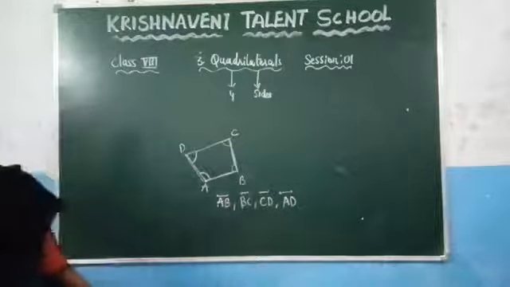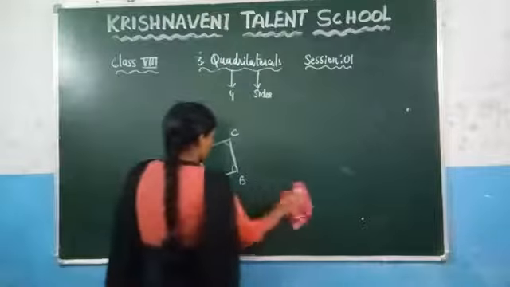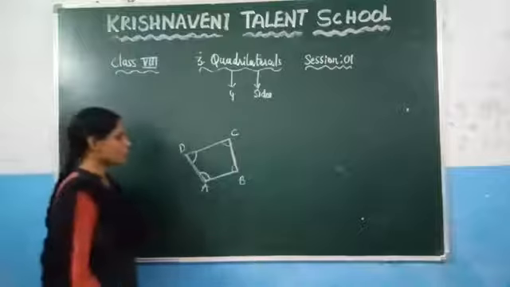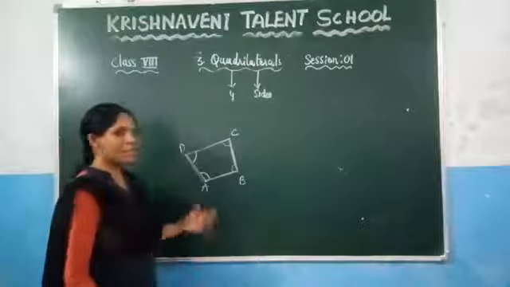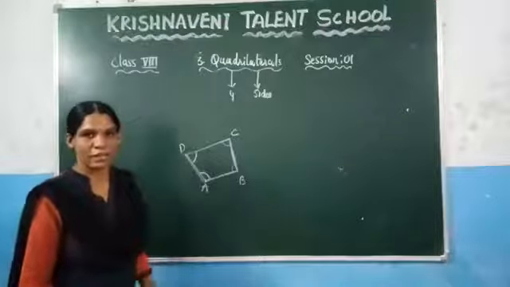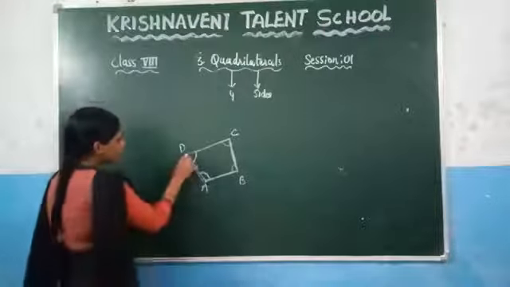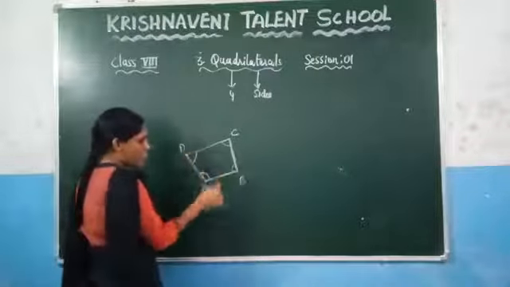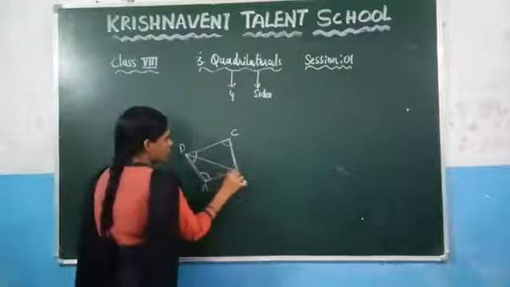Now talk about the diagonals. Before that, what is meant by a diagonal? A diagonal is the line segment that is formed by joining opposite vertices. That means here you know that this is a vertex. What is the opposite vertex? It is this vertex. Now join a line segment here.